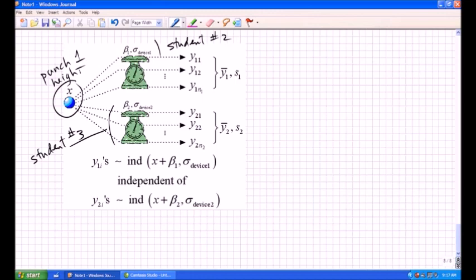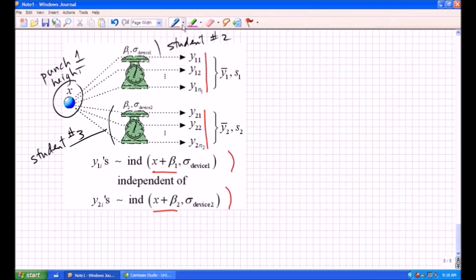If I look down here at what I have for means and standard deviations for these two samples, I see that one mean is the measurand plus one bias, the other mean is the measurand plus the other bias.